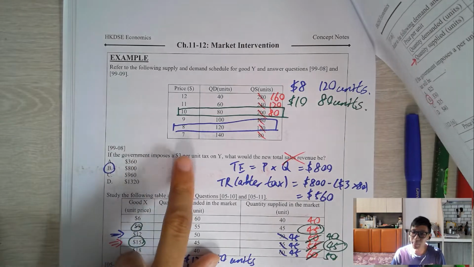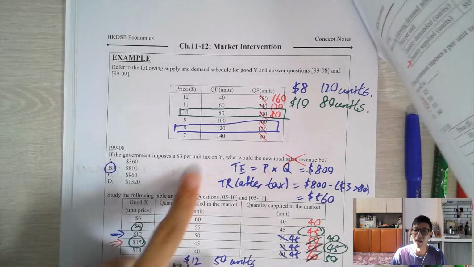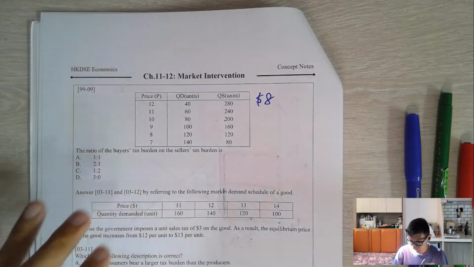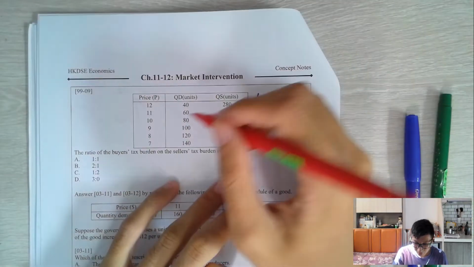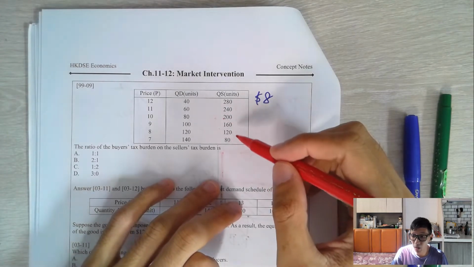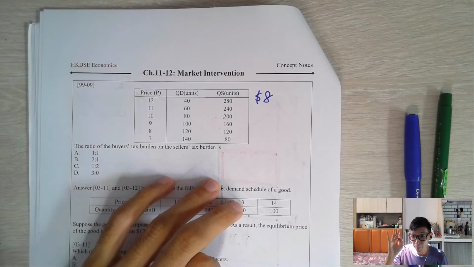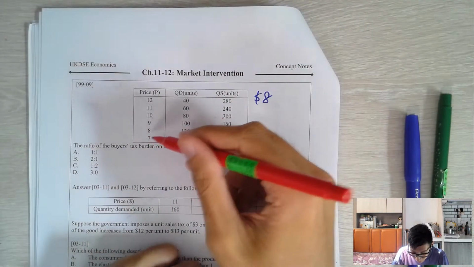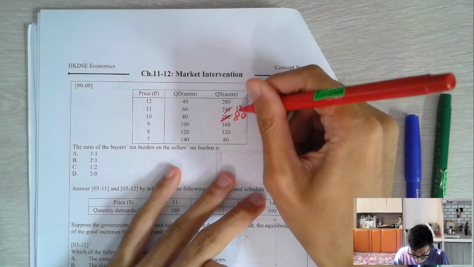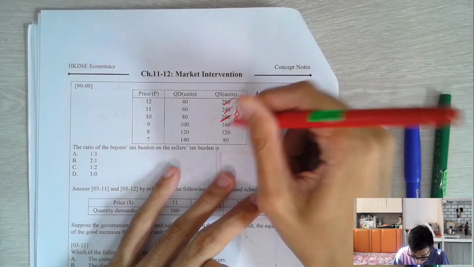You will see that impose $3, okay, per unit tax, okay, 3蚊啦。Now therefore, let's change the QS. 3蚊嗱, if you remember, we shift the QS column by three rows, okay. 原先7蚊係80件，而家10蚊係80件。120, 160, okay.